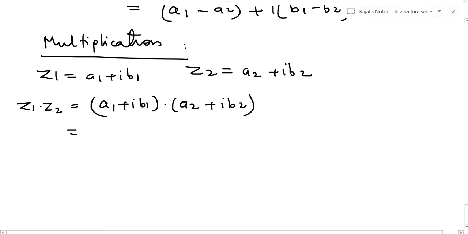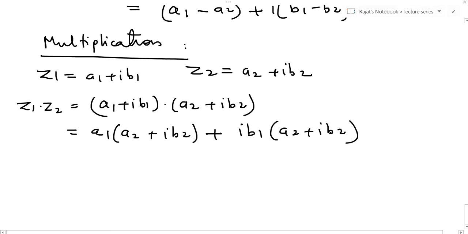First you multiply a1 with each of the components of z2, and then you multiply ib1 with each of the components of z2. I can distribute like this: a1 into a2 plus ib2, plus ib1 into a2 plus ib2.